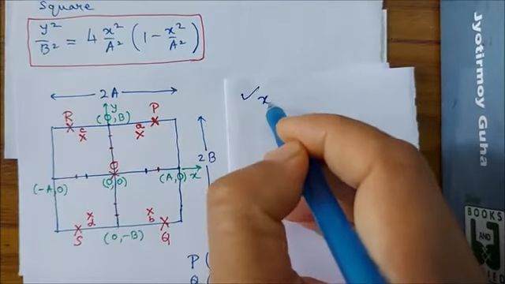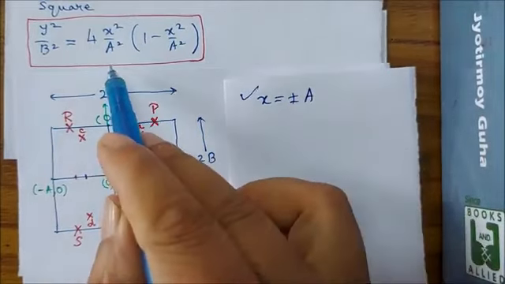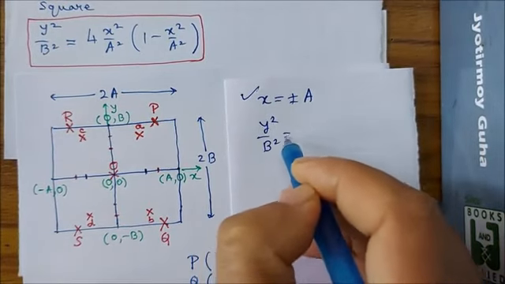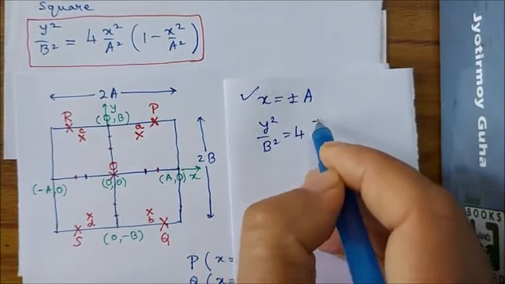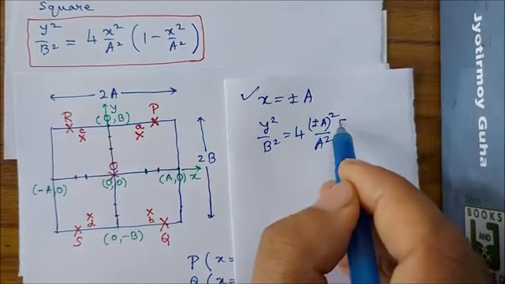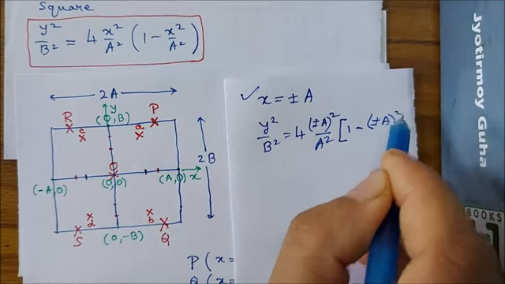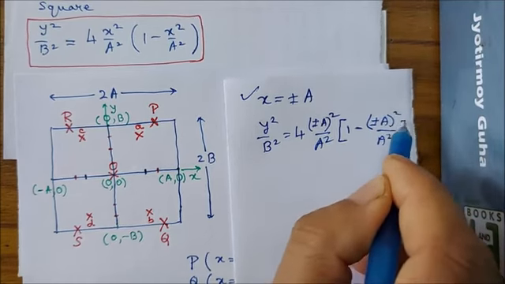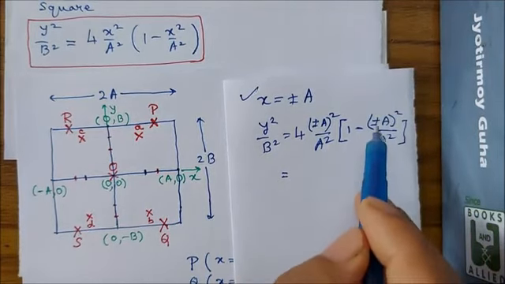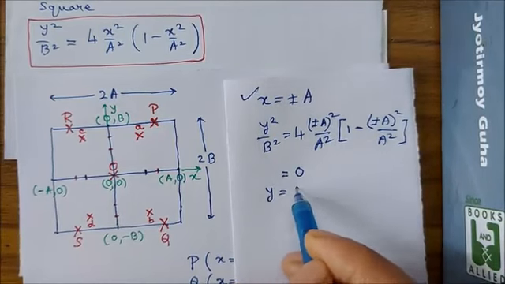So for x equal to plus minus a, from this equation we have, and this leads to, we see that a is cancelled out, so we have 1 minus 1, so it comes to be 0, and therefore y is 0.